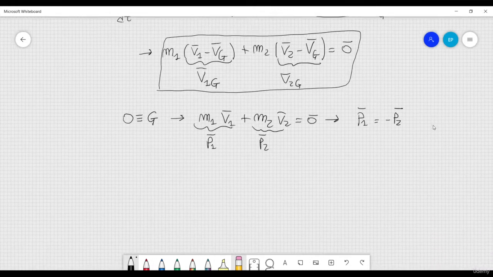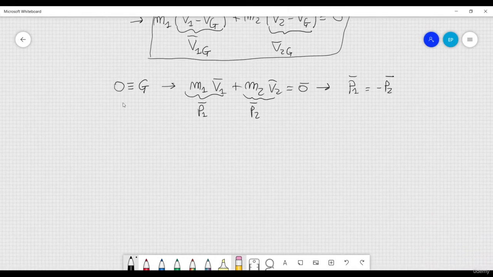Okay, and now I can substitute this relation in the relation for the kinetic energy, which is p1 squared over 2m1 plus p2 squared over 2m2.